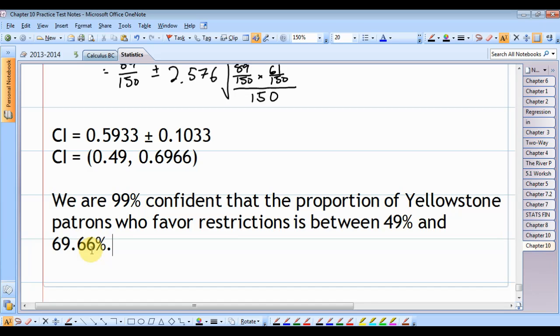Okay, that's great. Did we fail any conditions? No, so we're good.